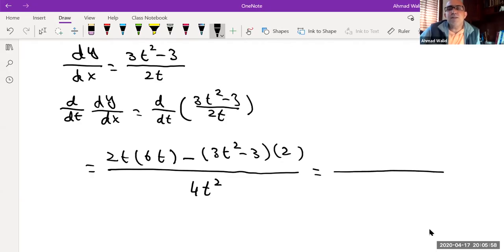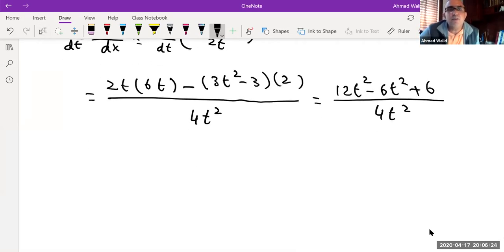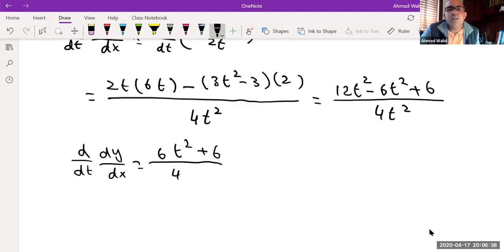Now, let's distribute and simplify. 2t times 6t gives you 12t squared. Then 2 times 3t squared times negative gives you negative 6t squared plus 6, over 4t squared. Let's simplify a little bit more. d/dt of dy/dx equals 6t squared plus 6 over 4t squared.